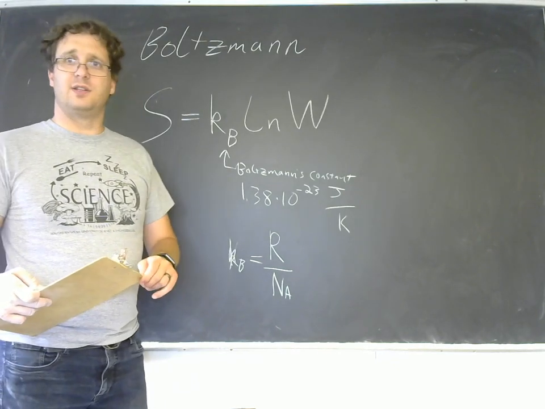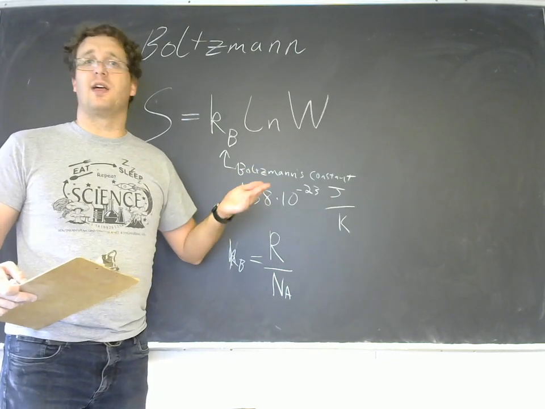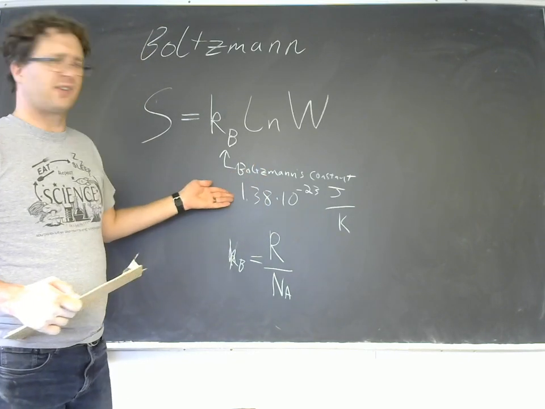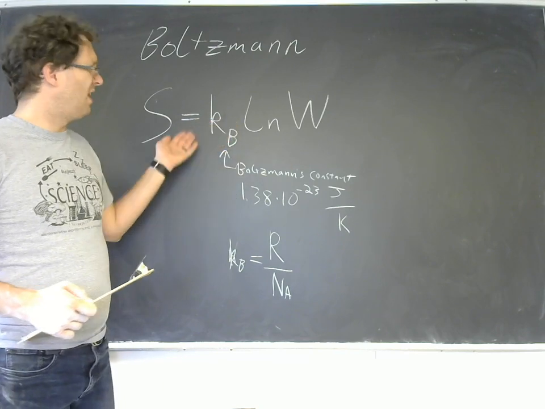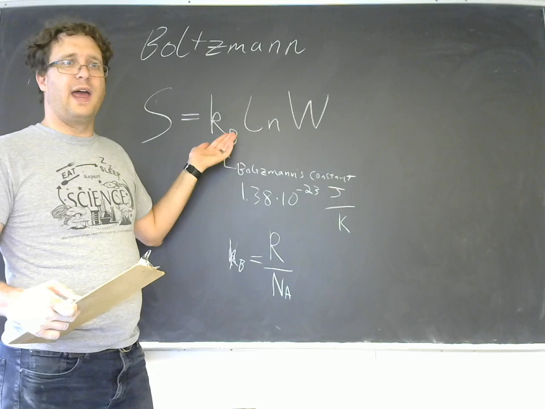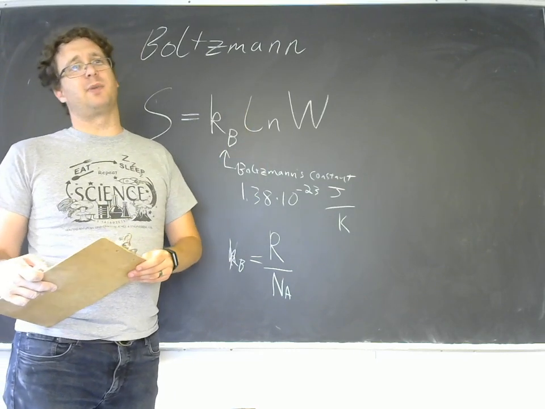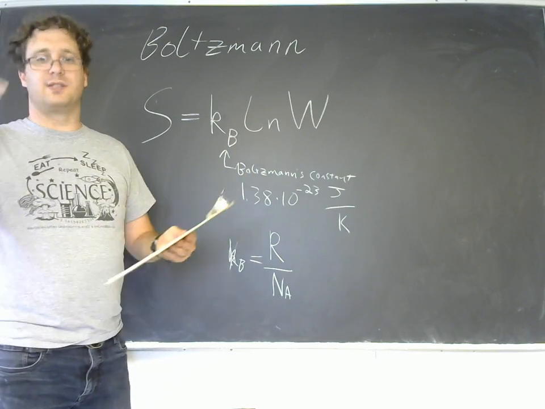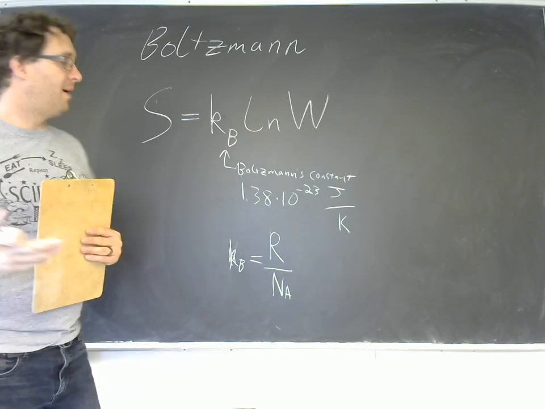It seems incredible to me that the gas constant that we use in the ideal gas law is actually related to Boltzmann's constant, which is used here to define the entropy of a system based on microscopic microstates. Anyway, maybe you're not as excited about that as I am, but I just think it's really cool.